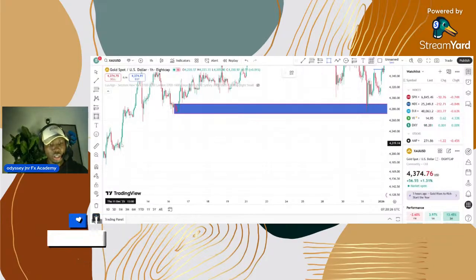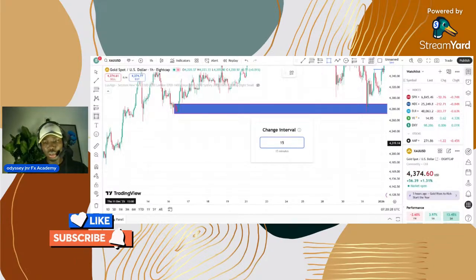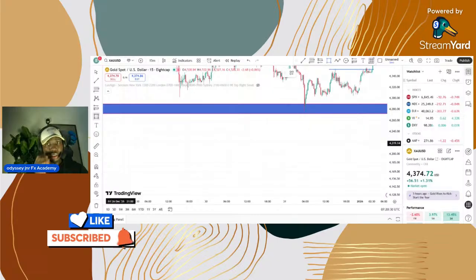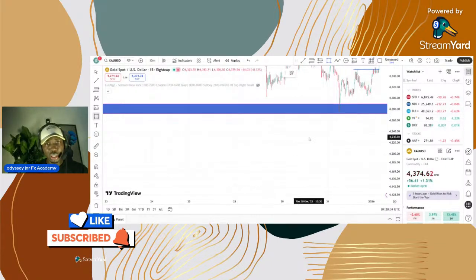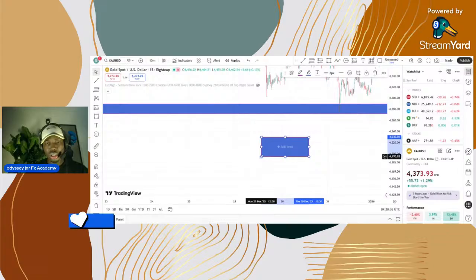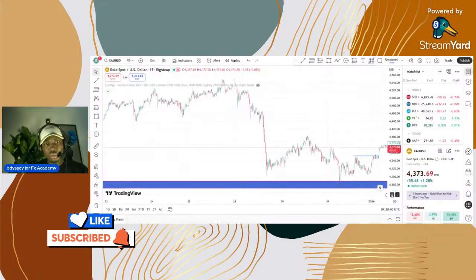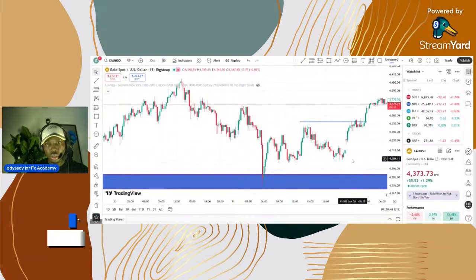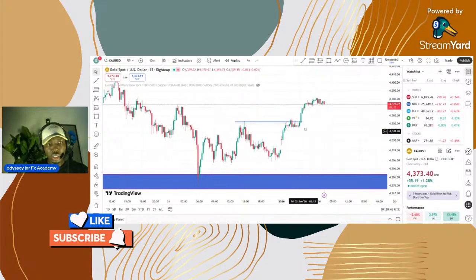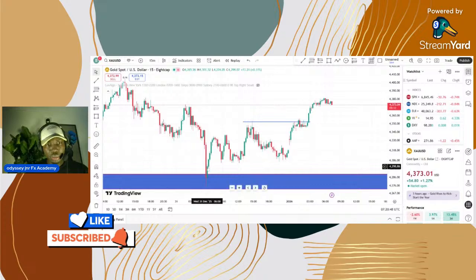Seems far, but let's go to the 15 minutes time frame first. Although most times I take my entry using the 1 hour time frame, but let me see what we have in the 15 minutes time frame.